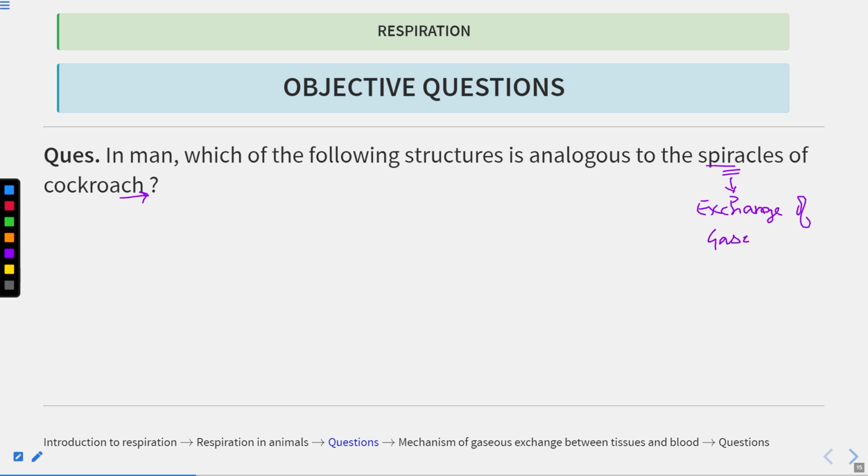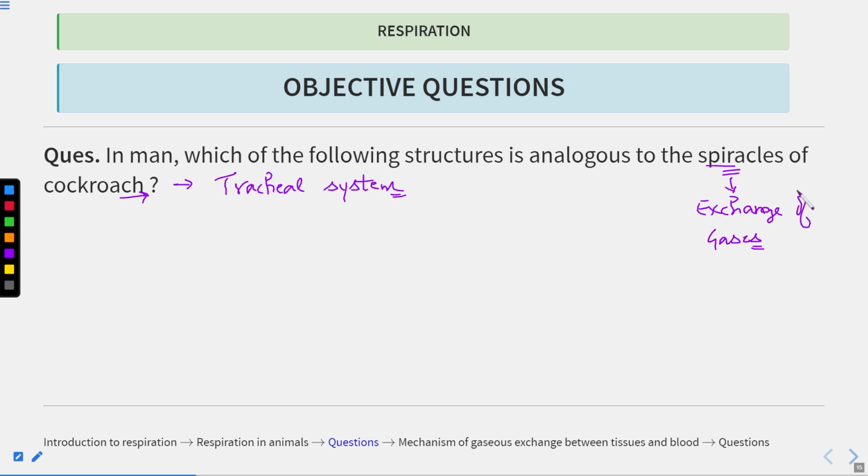In insects, the respiratory system is known as the tracheal system, which consists of the trachea and the tracheoles.